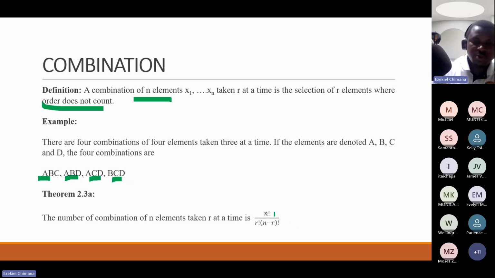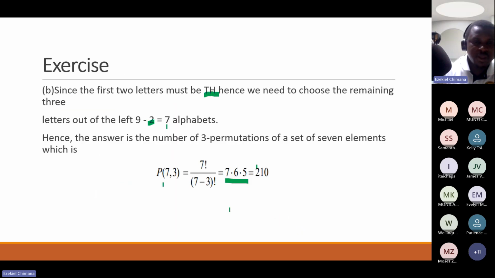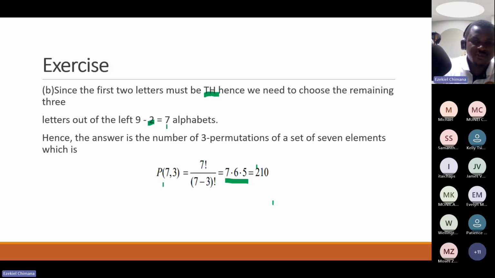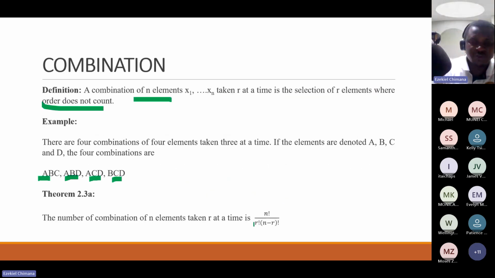We are using the same formula as before, but only dividing by r factorial. That's the thing that we add for combinations.